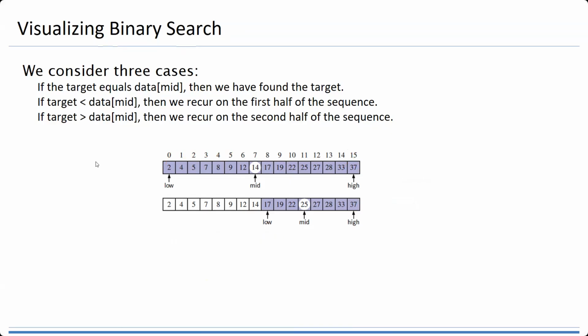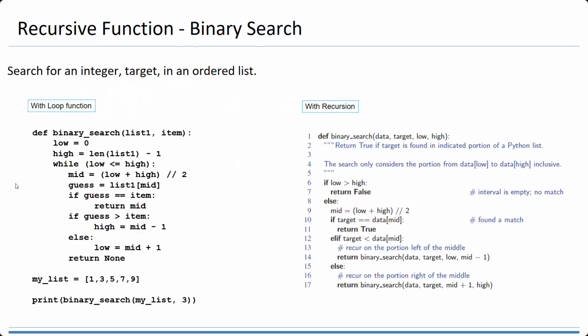So you can see from the code, if the low is less than or equal to high, we need to define the mid and then check whether the number is the same as the mid. If it is already the same, then we are done.